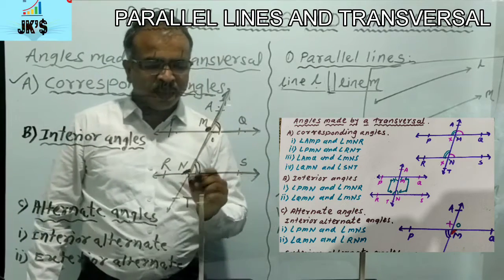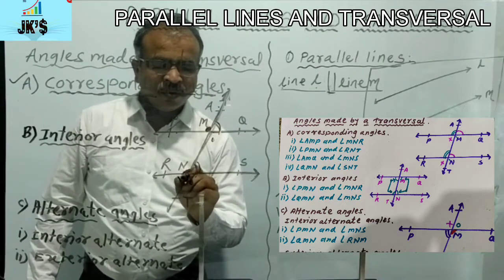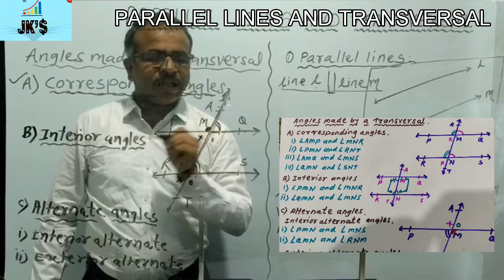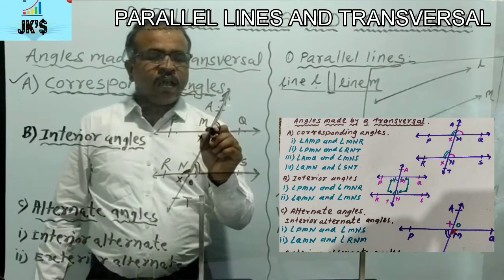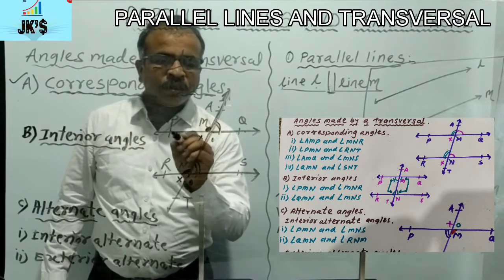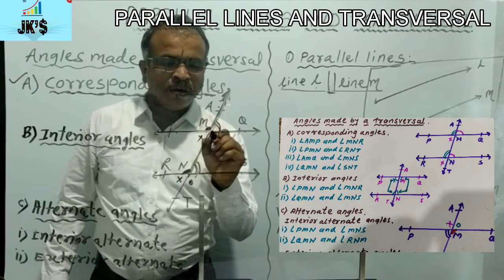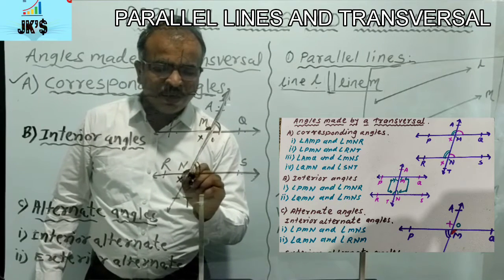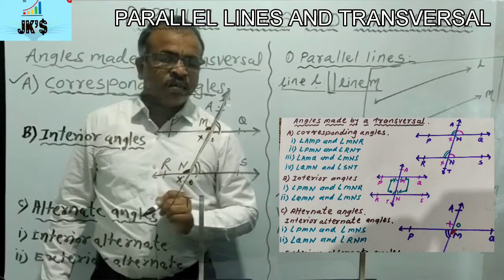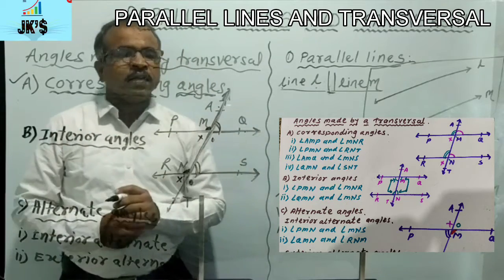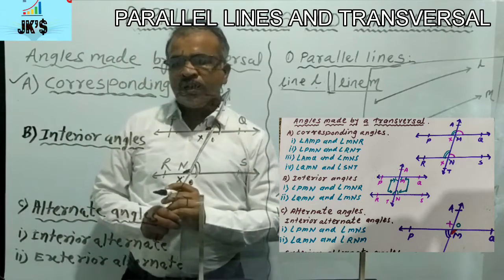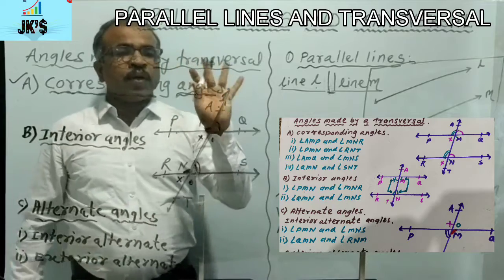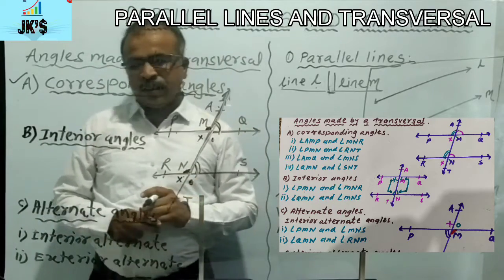This is the third pair, and the fourth, last: angle PMN, this angle, and angle RNT, this angle. These angles are the corresponding angles. There are 4 pairs of corresponding angles.